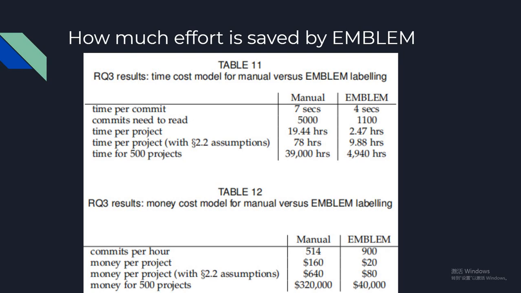As seen in table 12, Emblem can save money from $320,000 to $40,000, and time from 39,000 hours to 4,940 hours. This result is achieved by finding 95% of bug fixing commits with Emblem from reading only 22% of the commits corpus.